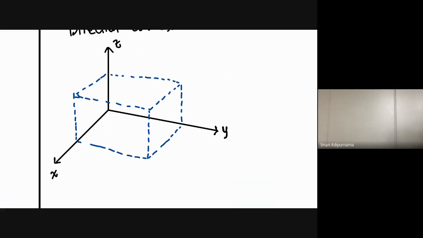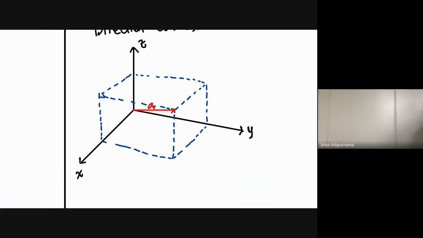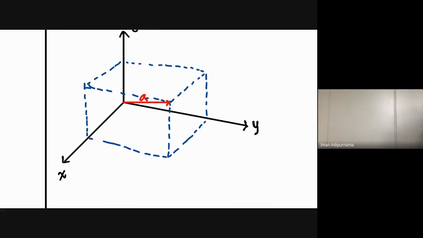Let me point out the vector here. Let's say this is a vector, maybe vector A. Okay. And in every part from all three axes, if you see the vector A is going through this point in this rectangle, so it's going here.